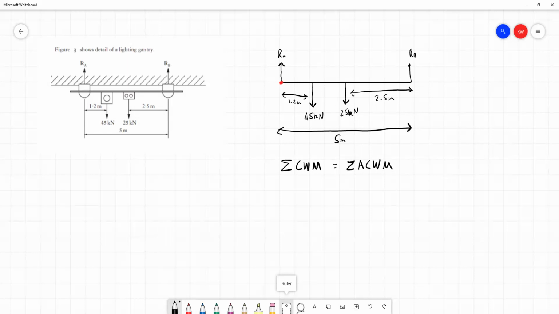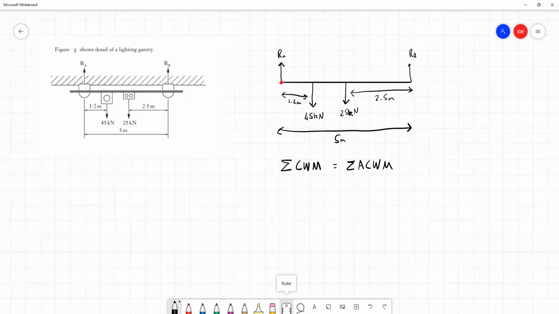If this was able to move freely in a circle, pulling that gantry down to the right would move it clockwise. So that means that our two labelled forces of 45 and 25 kilonewtons are our two clockwise moments. And there's only one other force acting up the way, and because it's acting up the way and to the right, that's our anti-clockwise moment. So we get an anti-clockwise moment due to the force RB, which we don't know.